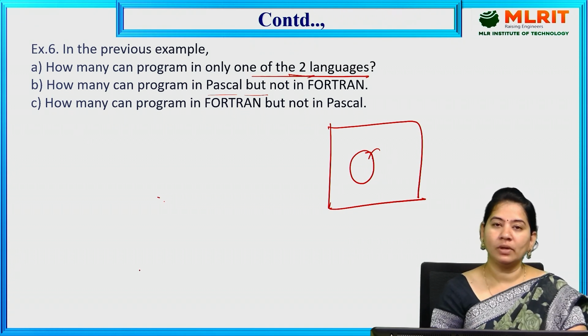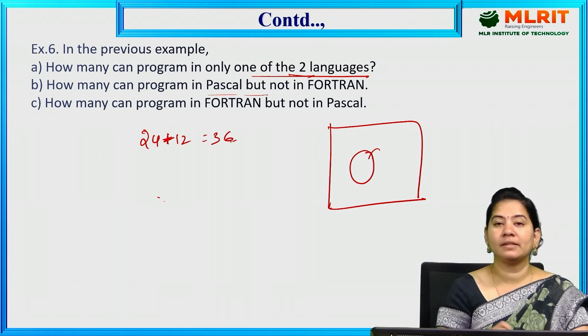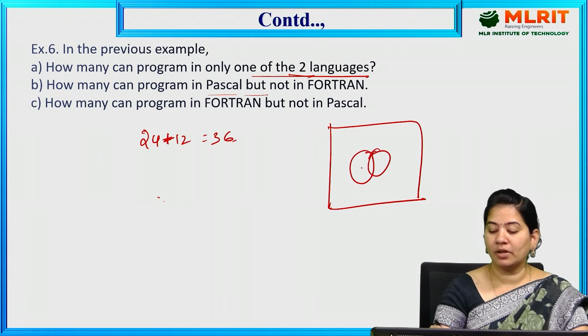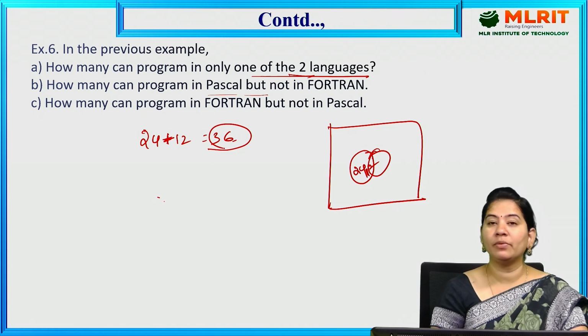So one of the two languages is nothing but 24 plus 12, which is 36. You are going to take 24 and this is 12. So 24 plus 12, 36 members can program in only one of the two languages.